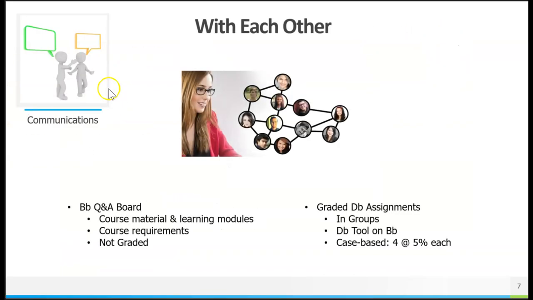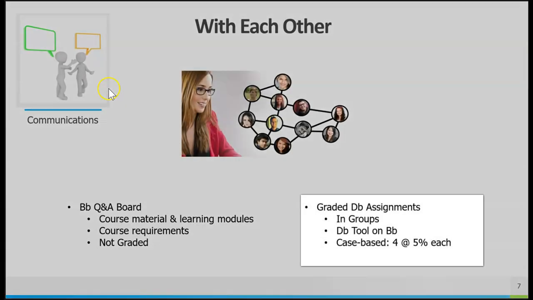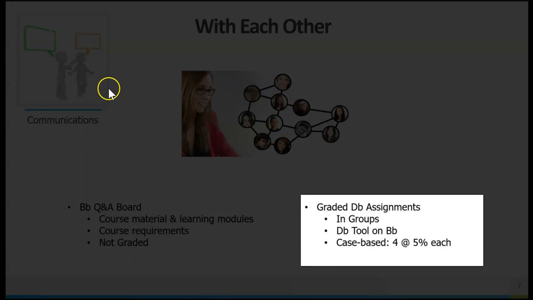All right, we will also have communications with each other. So as I mentioned, the Q&A board is going to be a place where we're going to have a learning community of conversations about the course. But we will also have 4 assigned discussion boards in this course. In other words, those are for assessment and they will be graded.